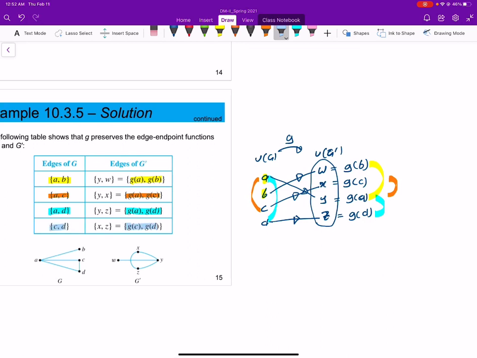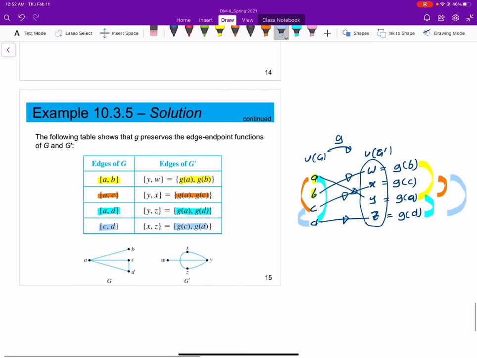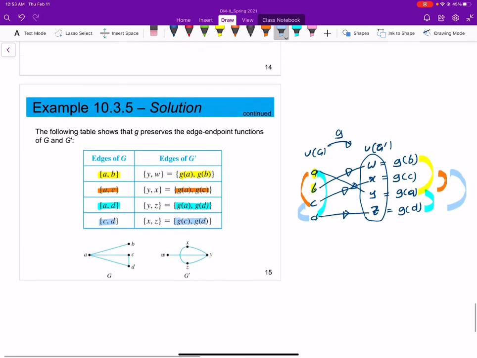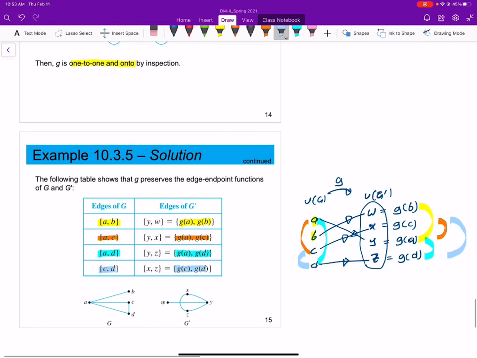All right, so they are isomorphic, and you found the edge endpoint function too. So that's the end of today's class. Let's start the next section from the next day. Thank you very much.